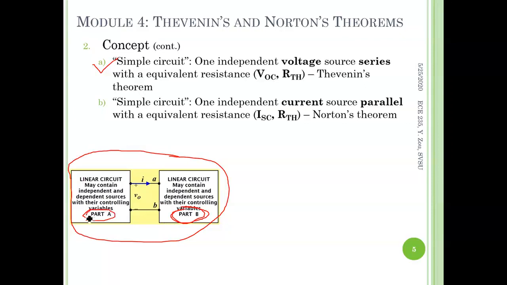Part A is the part you want to replace by the simple circuit, like the previous slide's complicated part.